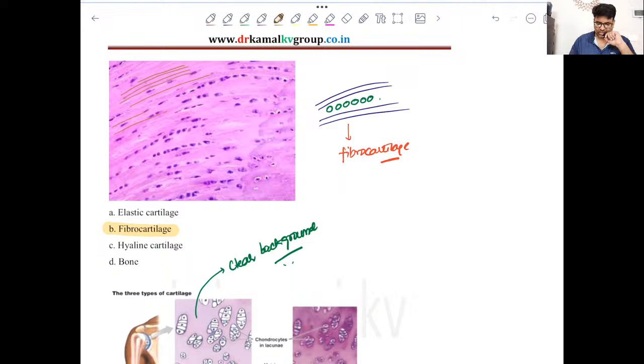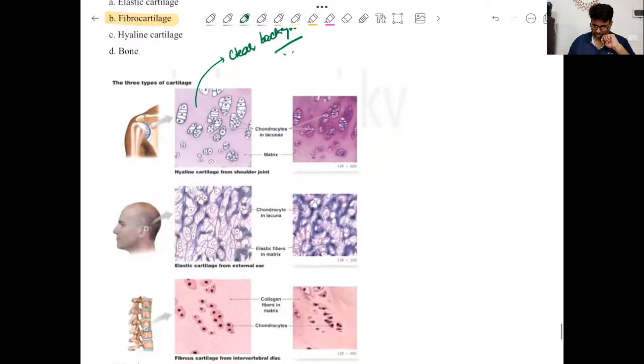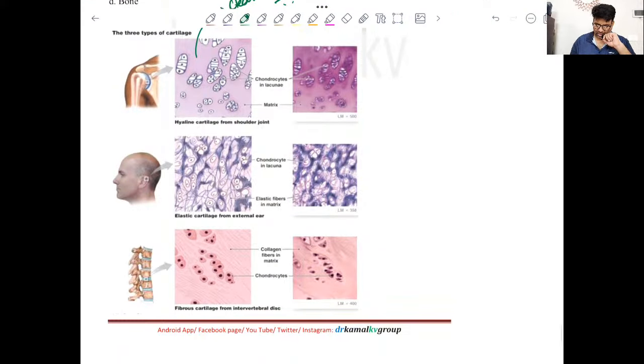So you can see the chondrocytes, arranged in rows, and in between them there are the collagen fibers, something like this. So this is a typical fibrocartilage, right?